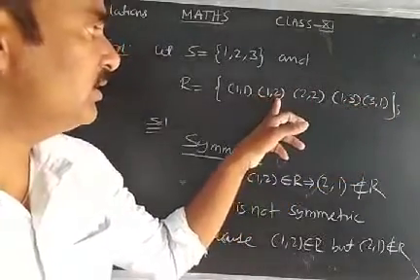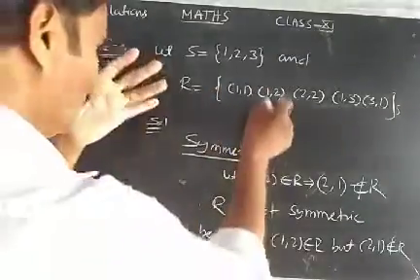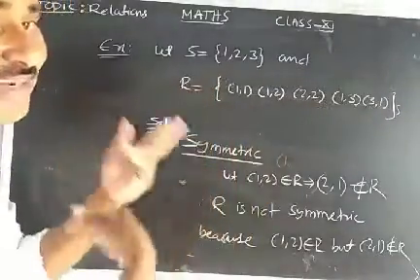Only 1 comma 2 is making the problem, troubling us to make R symmetric.